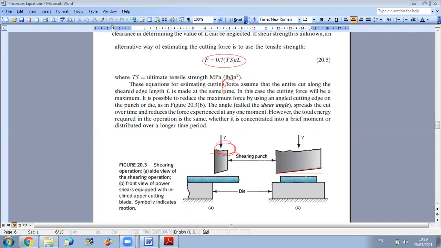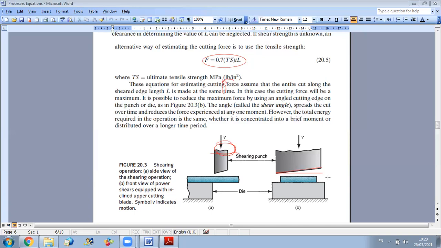This will help reduce the maximum force needed at one time. But at the end the total energy will be the same, because the cut energy is the same; the time of operation will depend on the shear angle. With a zero shear angle, you subject the whole perimeter to a cut at the same time, which gives a smaller time of operation.